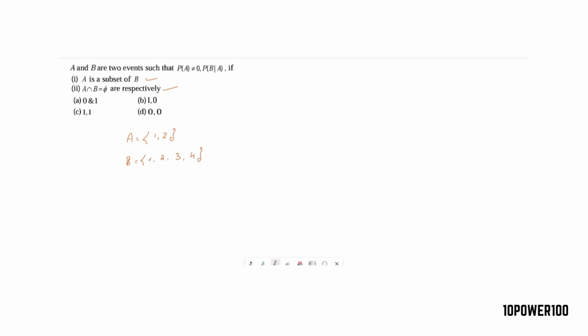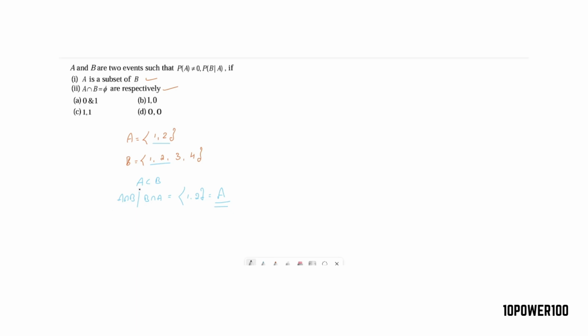Here, the elements of set A are present in set B, but set B is a bigger set which contains more elements than set A. So we can conclude that A is a subset of B. If you take the intersection, that is A intersection B or B intersection A, the common elements between them are 1 comma 2. So 1 comma 2 is nothing but set A, right? Set A.